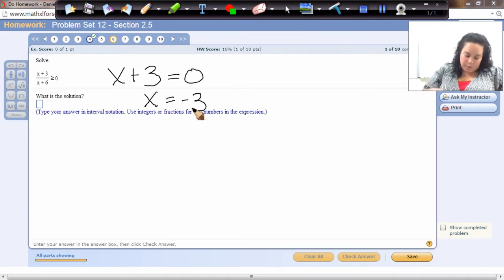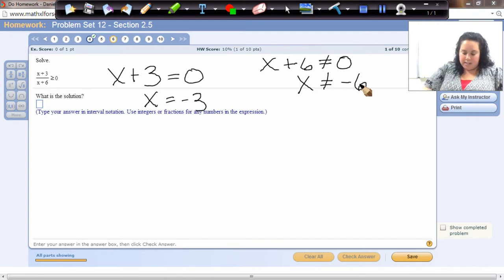Another thing we have to worry about is this denominator. The denominator is not allowed to be 0. So that's another point that we have to worry about. If the denominator cannot be 0, because we're not allowed to divide by 0, then that means that x cannot be negative 6. So those are 2 points that we need to worry about.